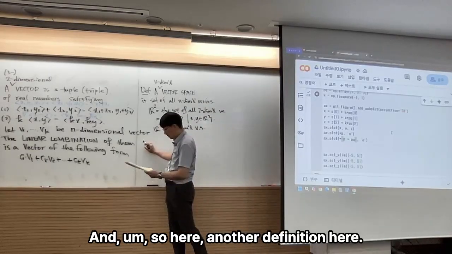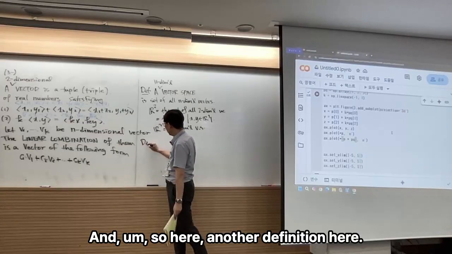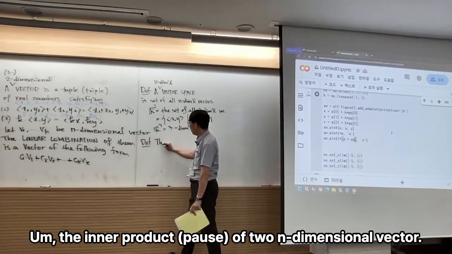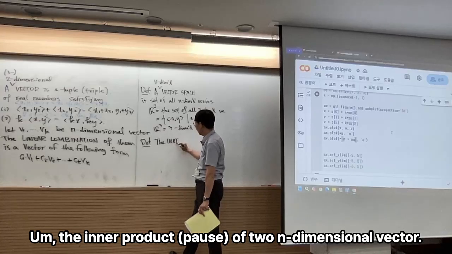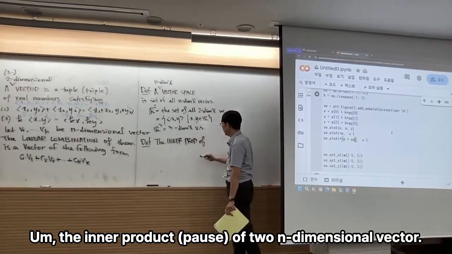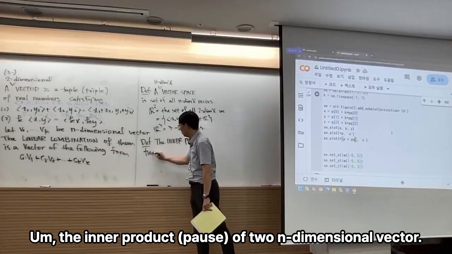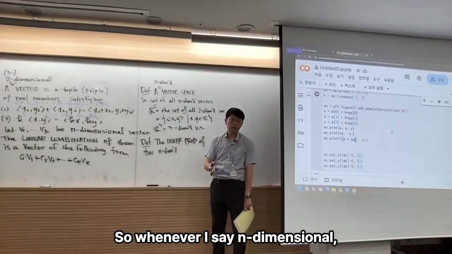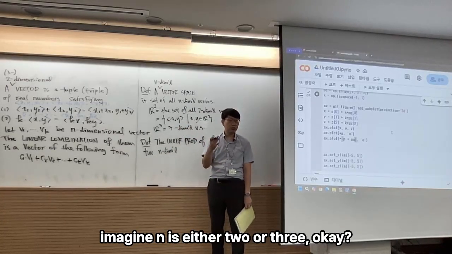Here's another definition. The inner product of two n-dimensional vectors. Whenever I say n-dimensional, imagine n is either 2 or 3.